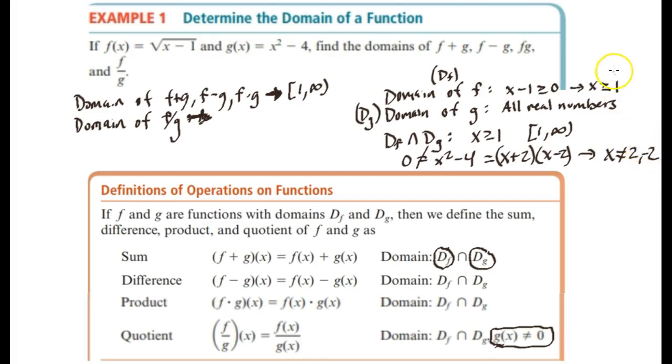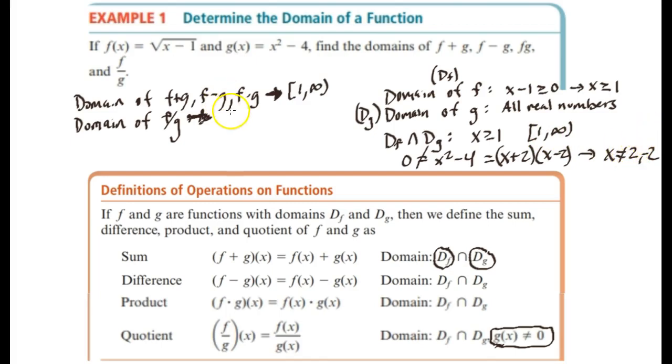So, considering what we've already determined, we also have to take out positive 2 and negative 2. Notice that negative 2 is already not in this domain, so we don't have to worry about that. It's just 2. So 2 is in this interval right here, so we have to jump over 2. We have to go from 1 up to 2, but not including 2, and then go from 2 to infinity.